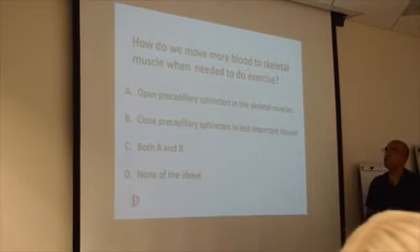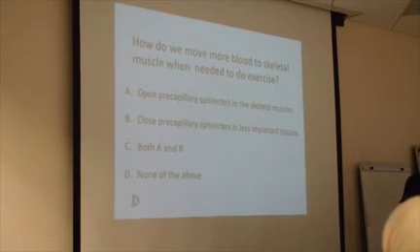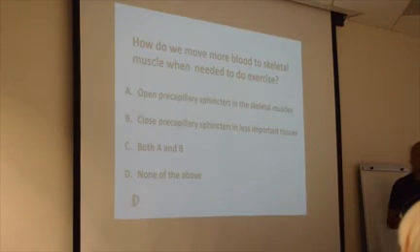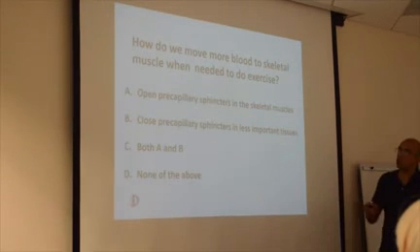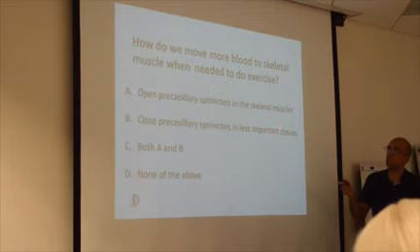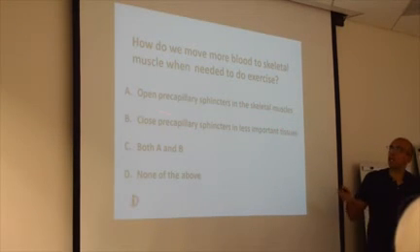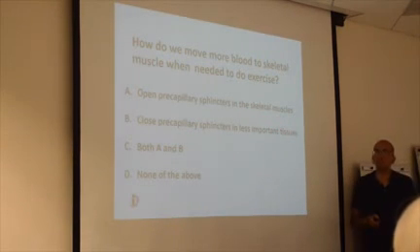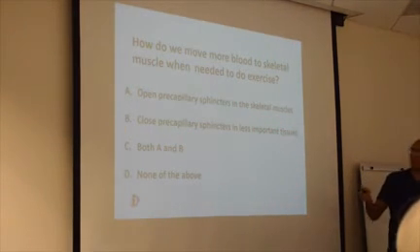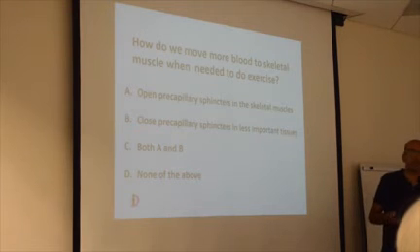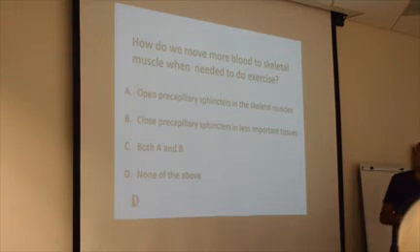Alright, so how do you move more blood to skeletal muscles when needed to exercise? Will you open precapillary sphincters in the skeletal muscles? Will you close precapillary sphincters in less important organs? Will you be doing both of them, A and B, or will you do nothing?